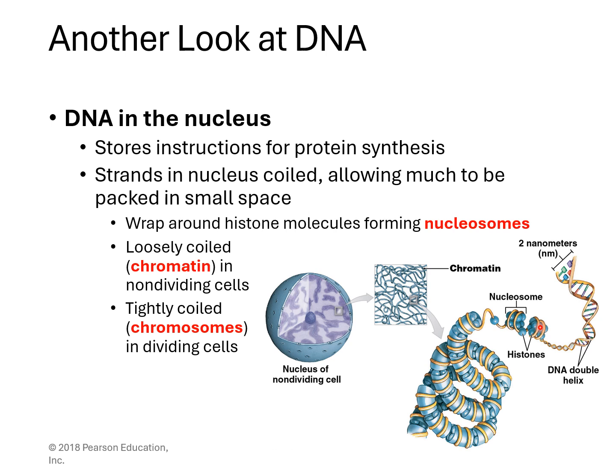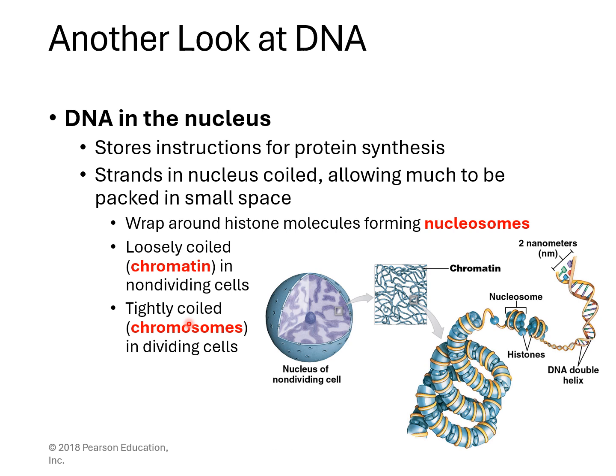These histones become a nucleosome, one nucleosome, and now these nucleosomes will get wrapped up and around, eventually forming loosely coiled chromatin in non-dividing cells, and tightly coiled chromosomes in dividing cells.